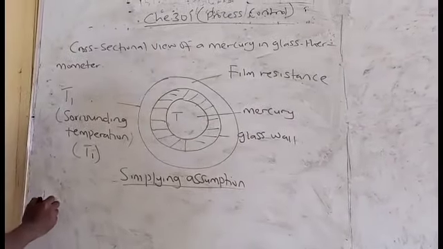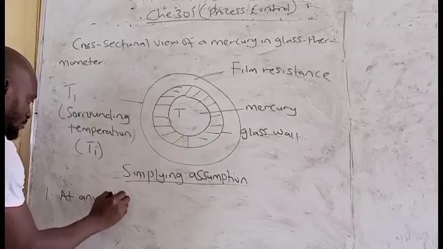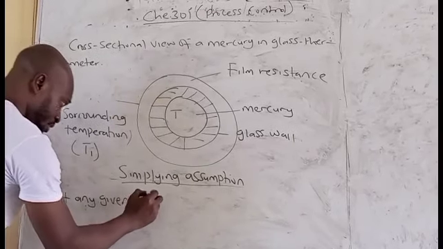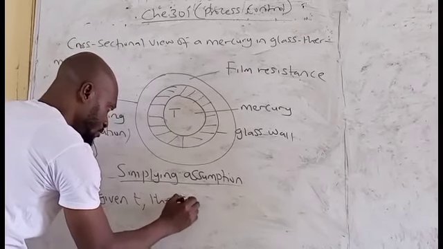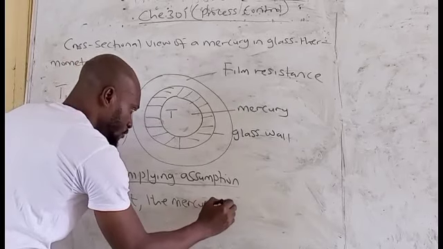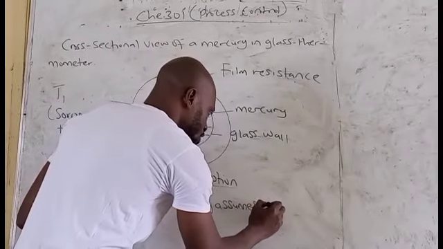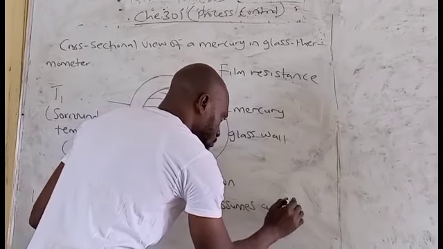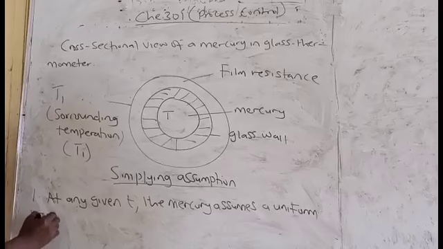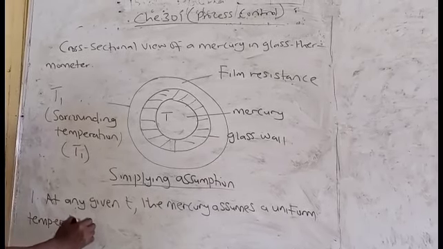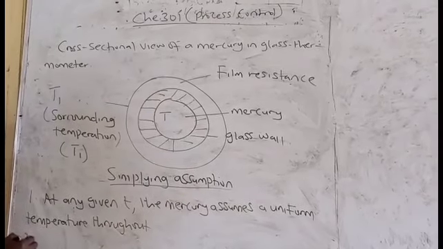So we go to one. We have to say that at any given time, the mercury assumes a uniform temperature throughout. So this is the first condition.